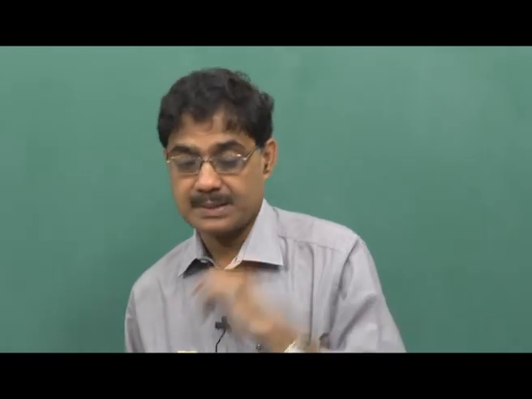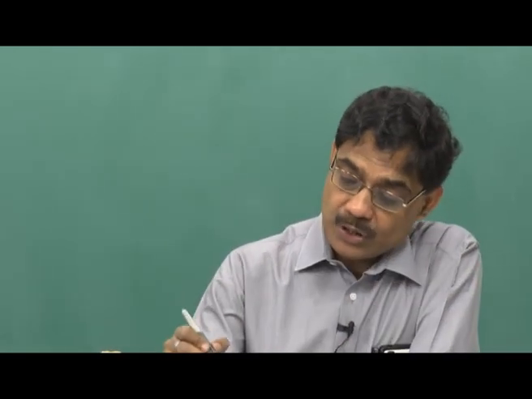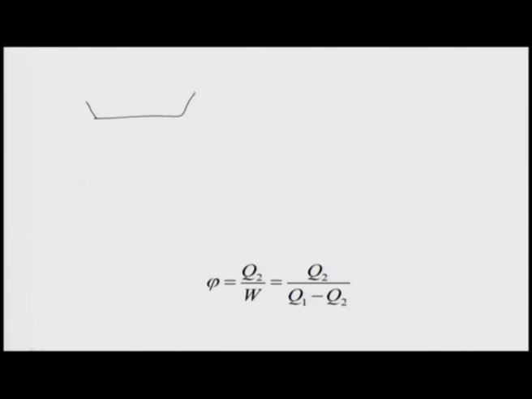Now, proceed. Pictorially, if I draw it, this is my hot reservoir T1, this is my cold reservoir T2, and this refrigerator, again I will choose to be an ideal gas if you like, it could be anything.